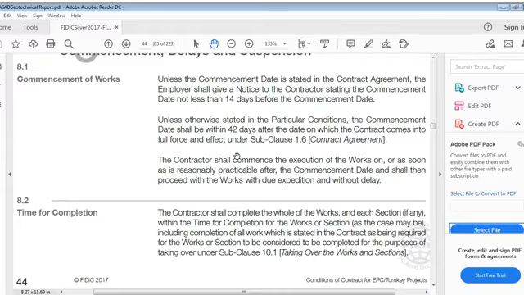When we say project, we have to define dates. We have to define two dates particularly: the date of start or commencement, and the date of completion. These are a must in a project.